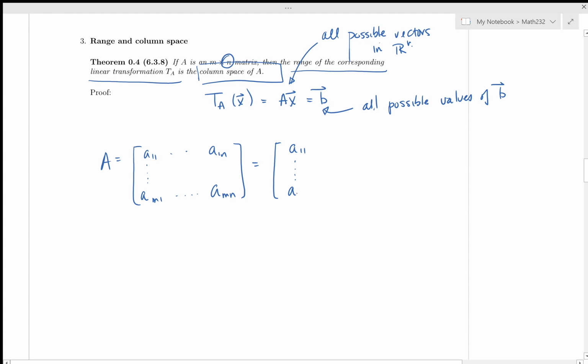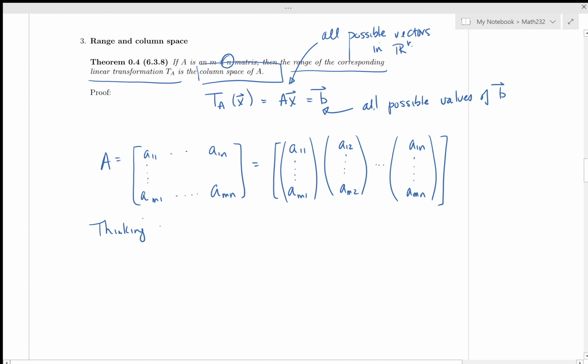I'm thinking of A as a collection of column vectors, and they are like this: c1, c2, up to cn.